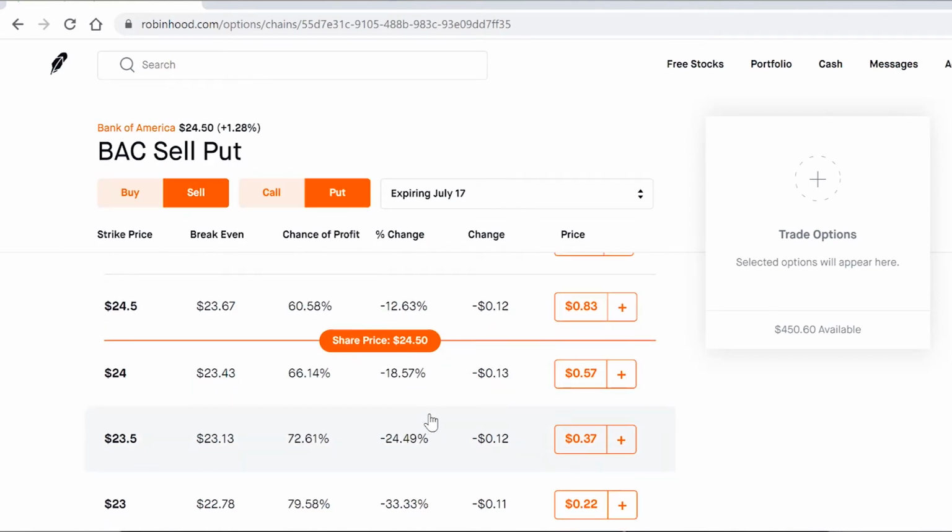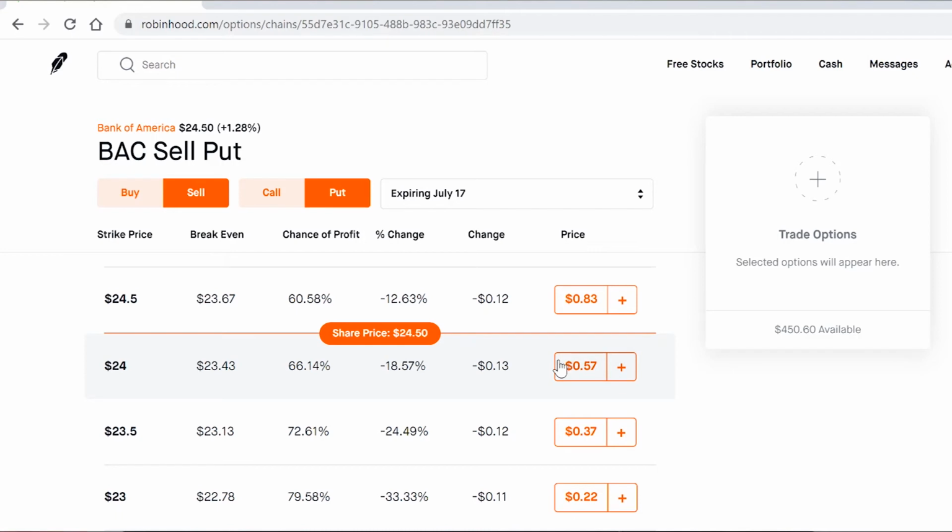This means that if you're buying the put, then you would only become profitable if Bank of America decreased past $23.43. Meanwhile, if you are selling that put, then you remain profitable as long as Bank of America remains above $23.43.